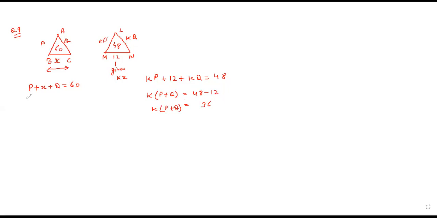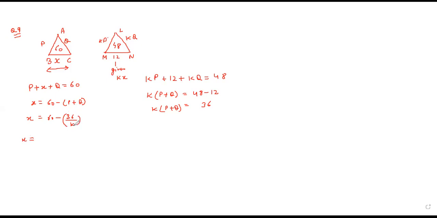So the value of P plus Q is 36 over K. I want to get the value of X. So X must be equal to 60 minus (P plus Q), which is 60 minus 36 over K. The value of X is 60 minus 36 over K. Clear?